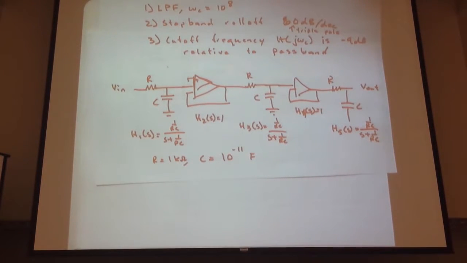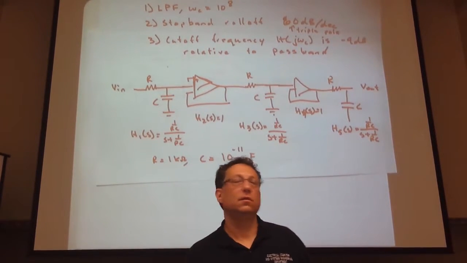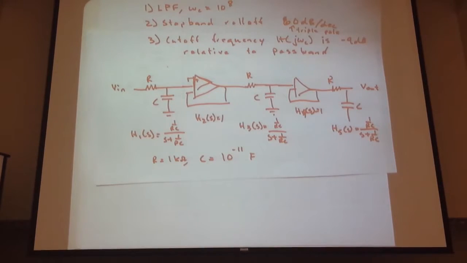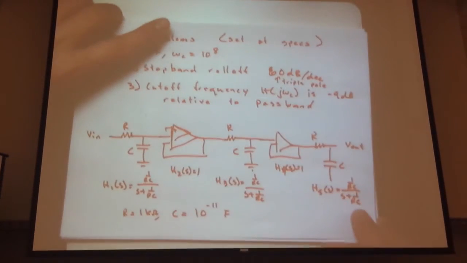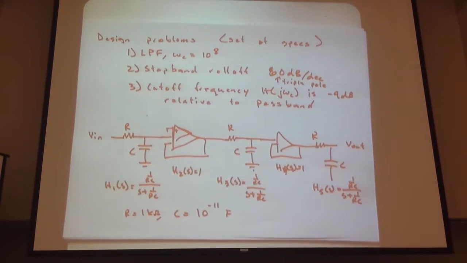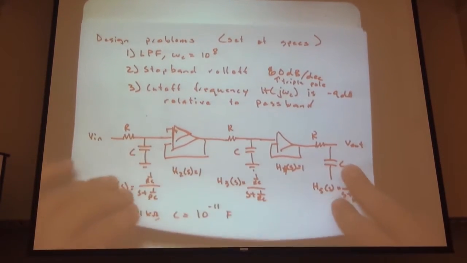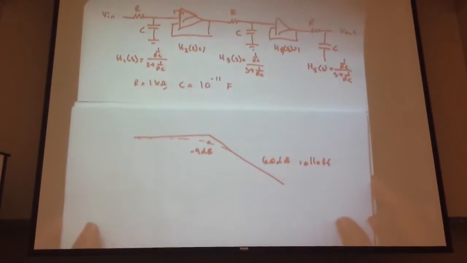Is that a reasonable value for a capacitor? Yeah, sure. That's reasonable. It's only when you get really big or really, really small that you start to have to be a little bit more careful. But picofarads, reasonable value for capacitors.